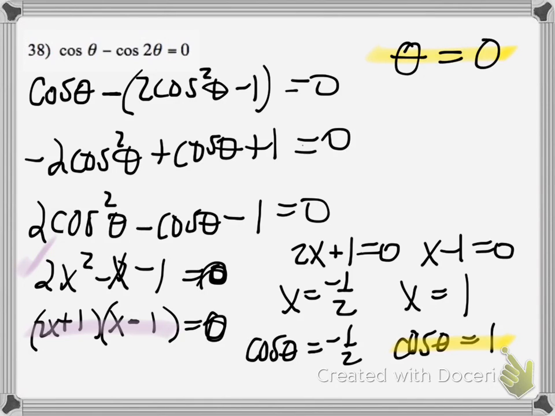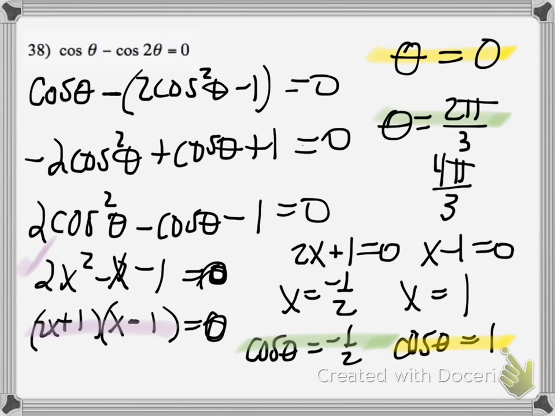Then on your unit circle, wherever we've got a negative 1/2, our theta would be 2 pi over 3, and it will also be 4 pi over 3, and of course that's not highlighted, so I'll go back and fix that too.